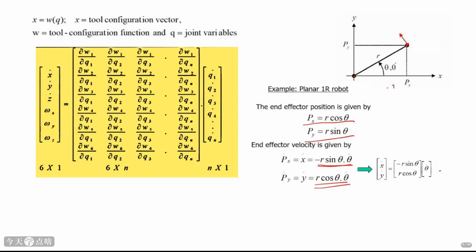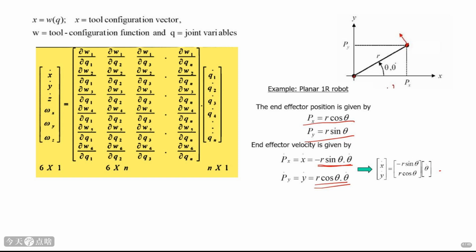Let's look at a simpler example, a 1R robot, meaning one revolute joint. Here, the end effector position P is defined by polar coordinates r and θ. Converting this to Cartesian coordinates gives us the familiar equations for x and y. Now, what about velocity? If the joint rotates with angular velocity θ dot, the end effector velocity components x dot and y dot depend on both r and θ.